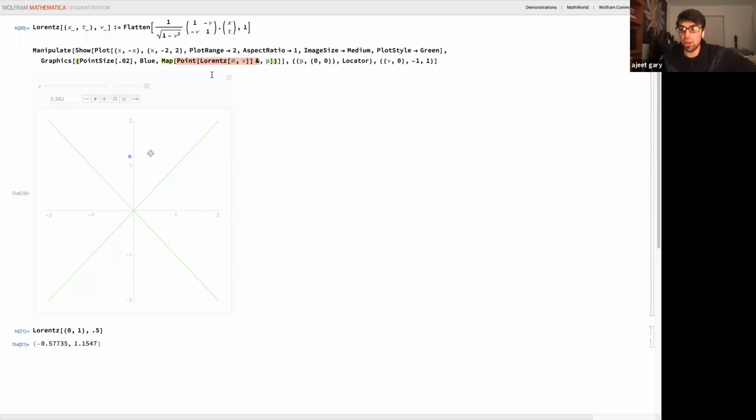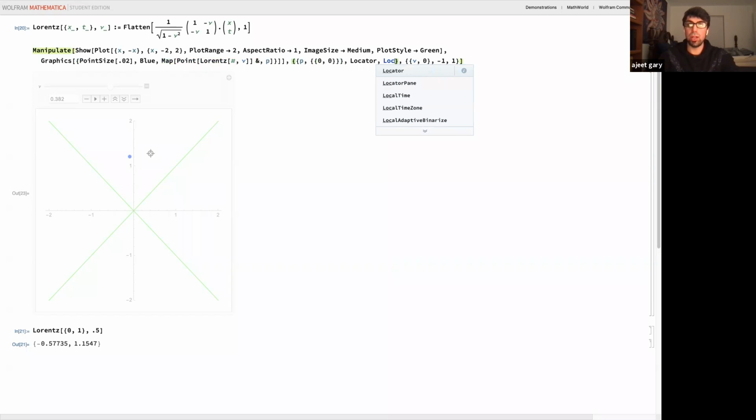This function takes in the argument of hash, sticks it into V, and then takes an argument of hash, sticks it into Lorentz of this with V as nu as the second argument, and then all that inside of point. And this just says that's the end of the function definition. It even says there, function. Great. Okay. So it'll map this function over P, where P is a list of points. So I just have to change my notation to make this a list of points.